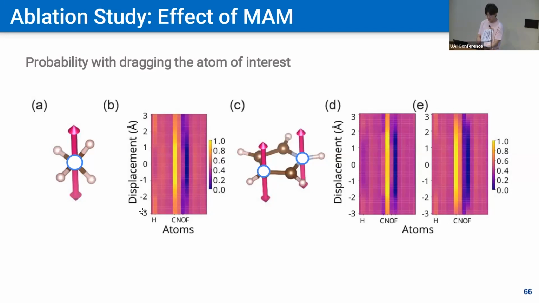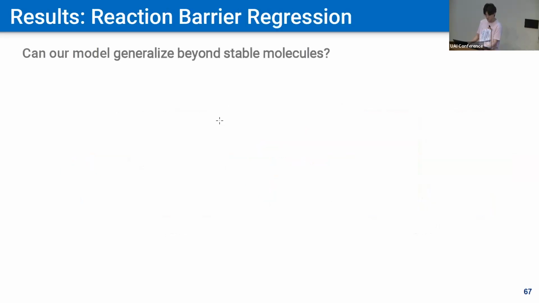Here we observe some interesting details. When the drag distance is large, the model assigns a smaller score to the ground truth species, which means that if the molecule becomes unstable, the uncertainty becomes larger. So overall, this result suggests that our model could also comprehend the structure of the molecule.